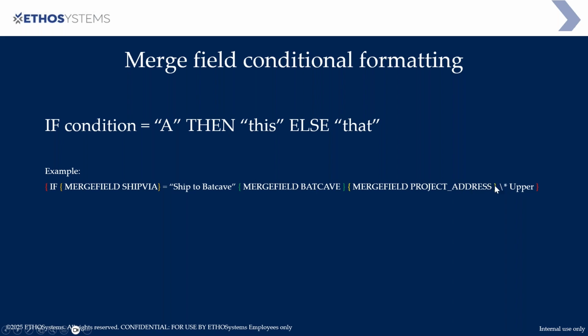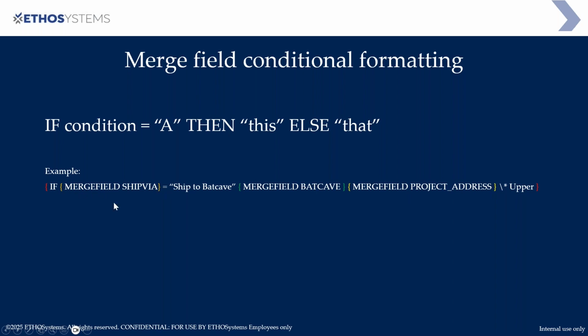And then I'm saying make it all caps. So you can see this is a merge field that's nested. You've got the main if conditional formatting, that's a merge field, and then you've got three different merge fields within it.